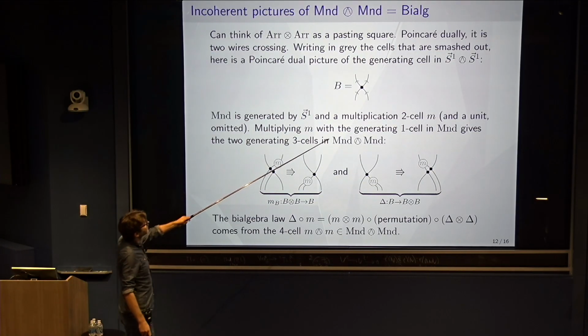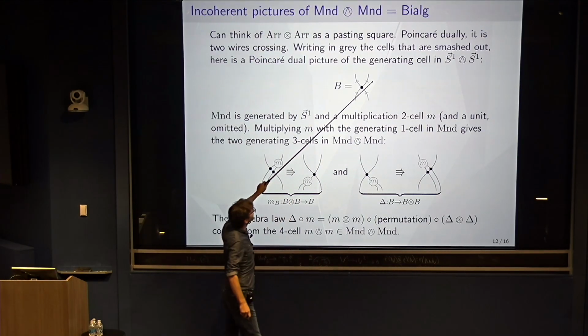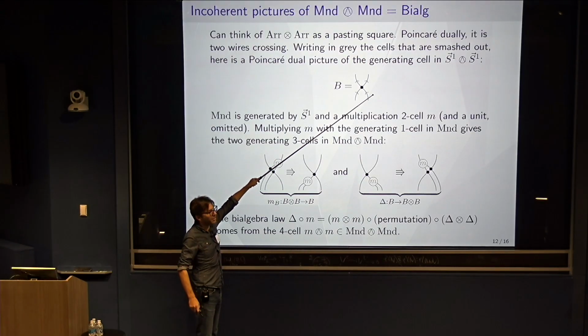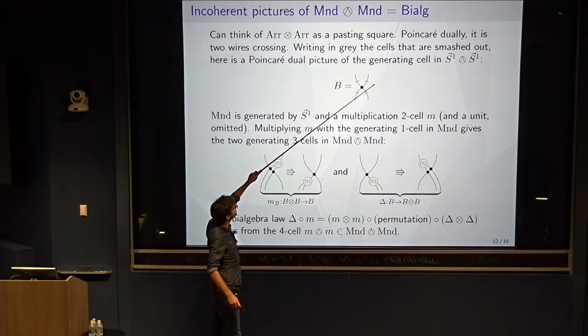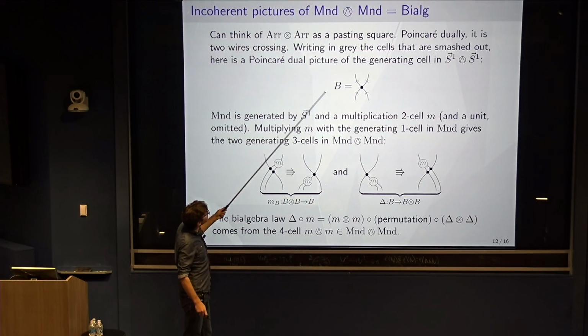So you take a circle. A circle is something that starts with a base point. I'm just going to write the base point in clear, and then it has a one cell, which is dual to a codimension 1 interface. And you take a tensor product of two circles, so that's crossing. And then I want to work in this smash product.